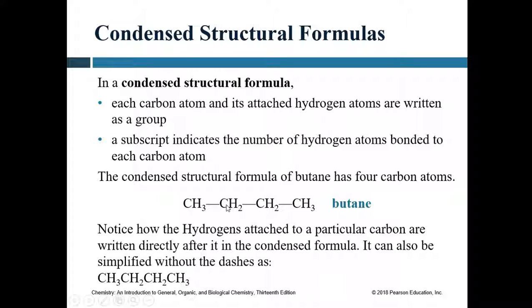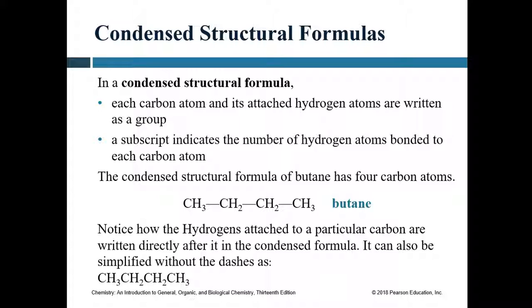So that means there's only 2 spots left for bonds, so that's why it's only going to have 2 hydrogens. Ditto for the next carbon. And then for the last carbon, the reason why it has 3 is because the last carbon only has 1 bond to another carbon. That means it has room for 3 more hydrogens, because it's going to have a total of 4 bonds. And so we'll have 3 hydrogens here for butane, assuming that this all has just single bonds.